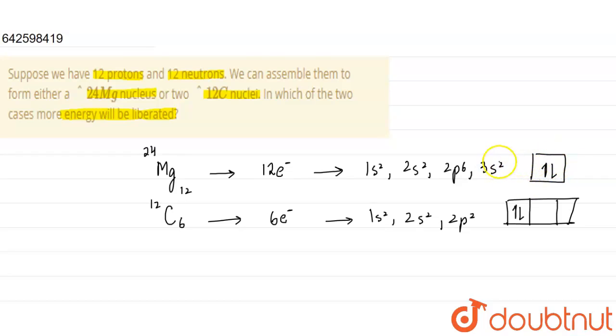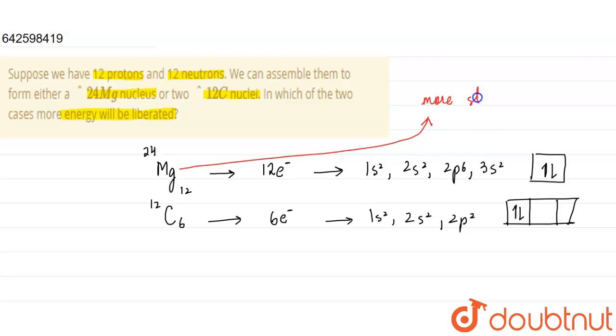So in magnesium's case, there is no empty shell, but in carbon's case, we have 2 empty orbitals, which in turn means that magnesium is more stable. Agreed?